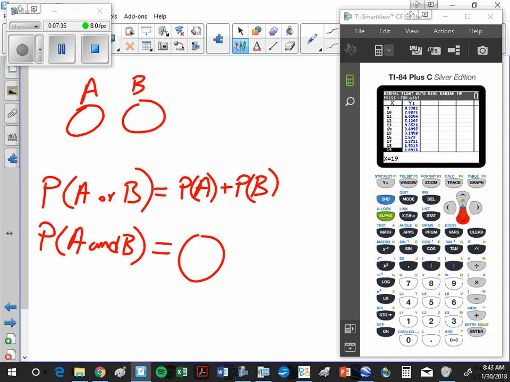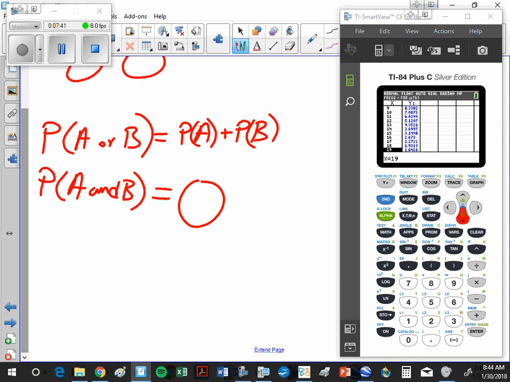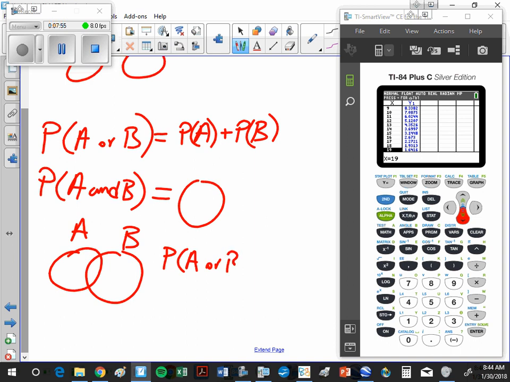It never happens. Right? There's nothing that they have in common. Okay. The next one asks, if A and B have some overlap, what is the probability of A or B? How do we find it?